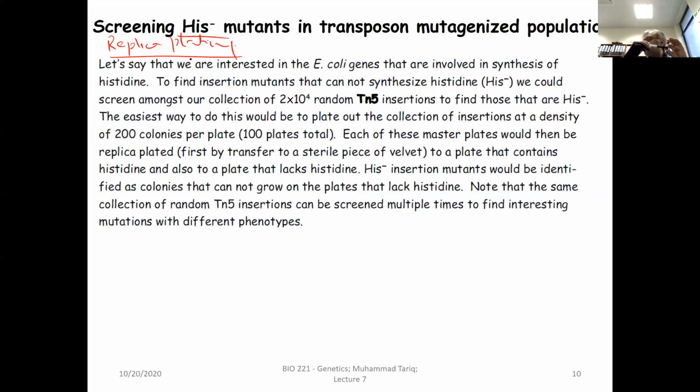No? So we will do the same thing here. We will grow the E. coli mutants, we have 2 into 10 to the power 4 strains, and we will spot them individually on plates on a grid like this, at very precise locations.